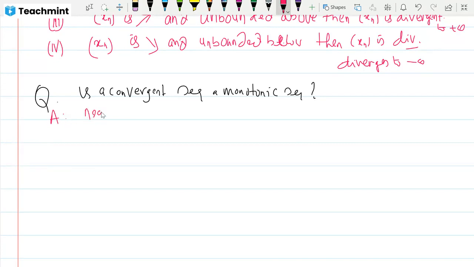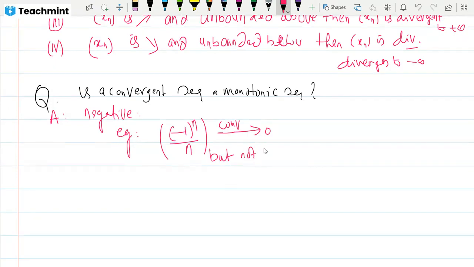I mean, a convergent sequence is not necessarily a monotonic sequence. I will give you the example. Take this sequence, (-1)^n over n. This sequence converges to 0, as we have seen in the previous class. This is a convergent sequence, but not a monotonic sequence.